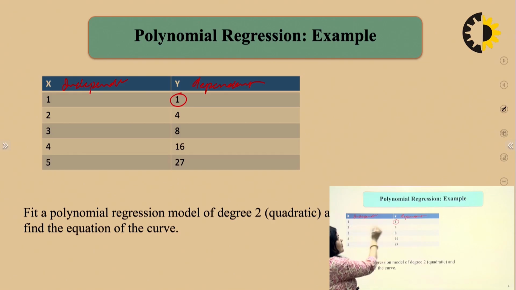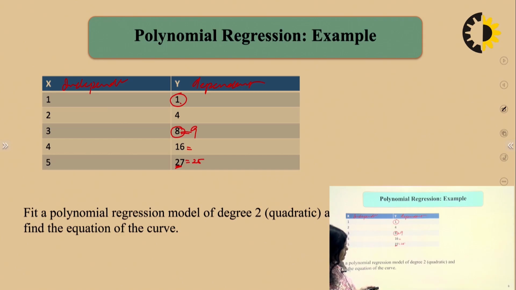So 1 square leads to 1, 2 square gives us 4, 3 square gives us 9, and this is 8, which is almost closer to the square of 3, which is 9. And 4 square equals 16, then 5 square equals 25, and this is much closer to what we have, right?